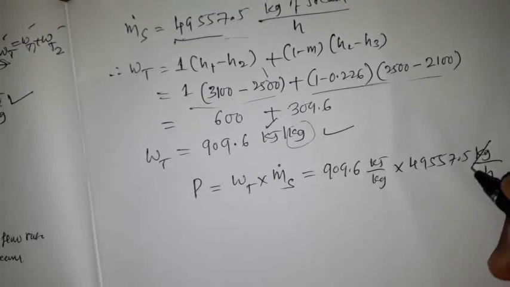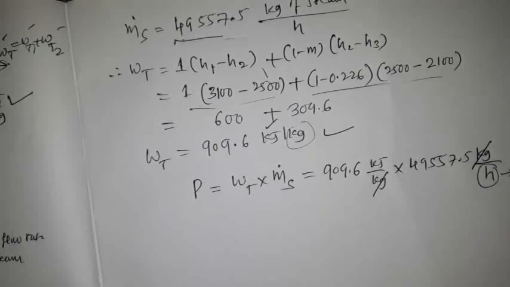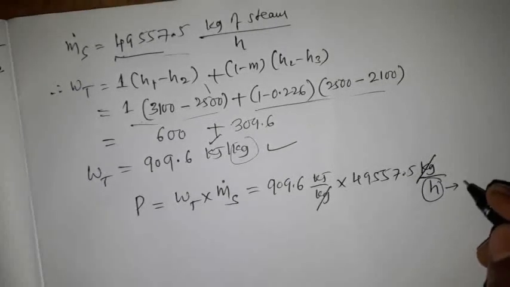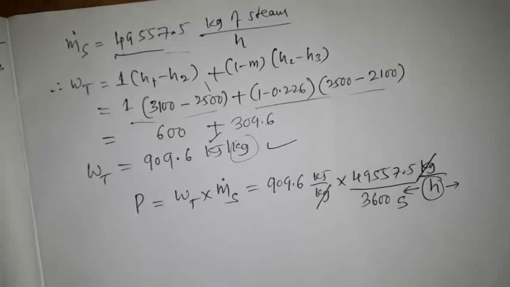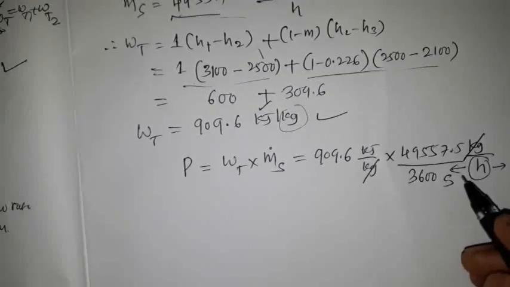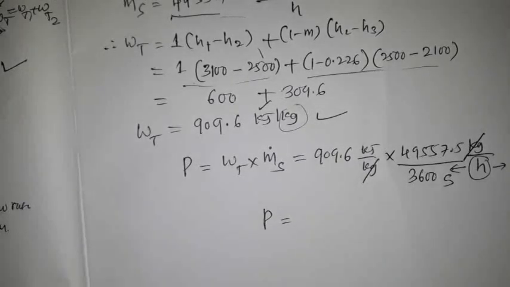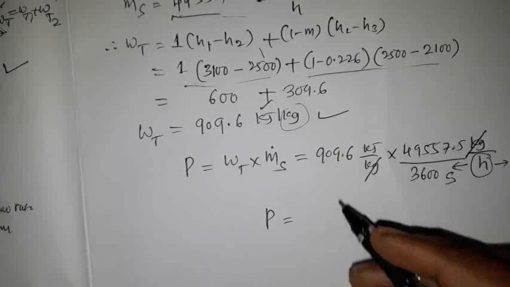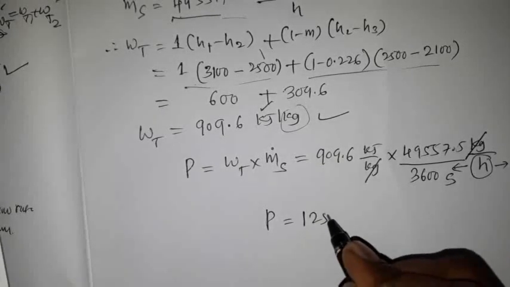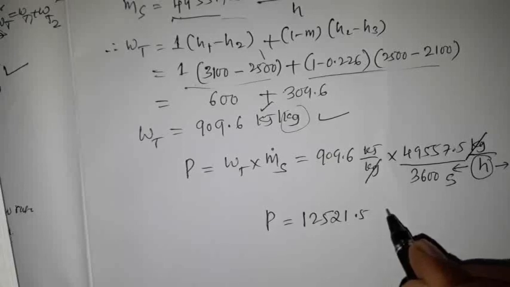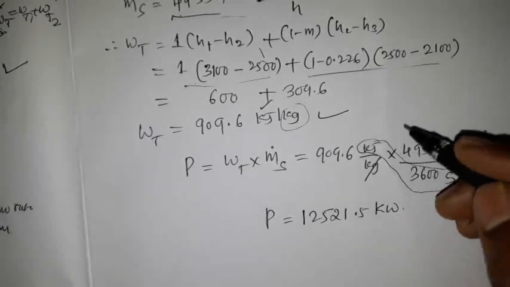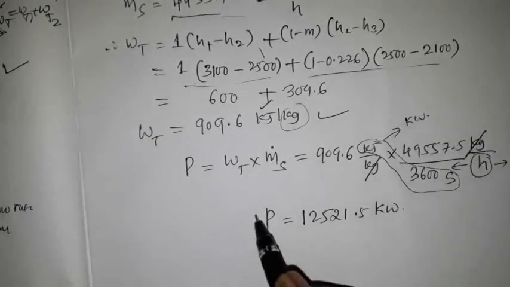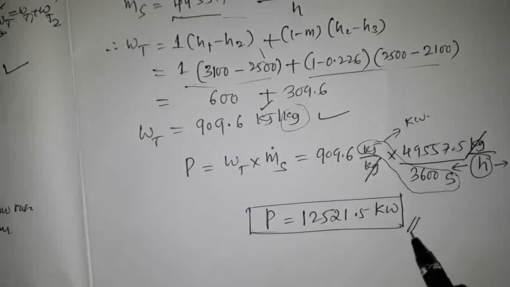We cancel kg of steam and kg of steam, and to convert hour into seconds, we know that 1 hour is 3600 seconds. If we operate the calculator, the power is 12,521.5 kilowatt. Kilojoule per second is kilowatt. So this is the required answer.